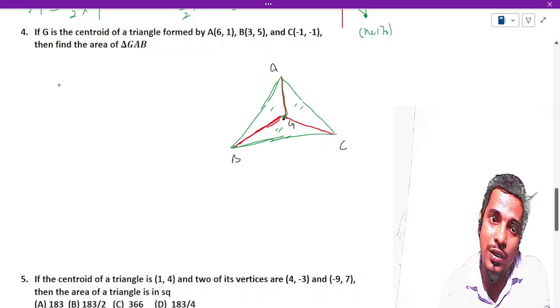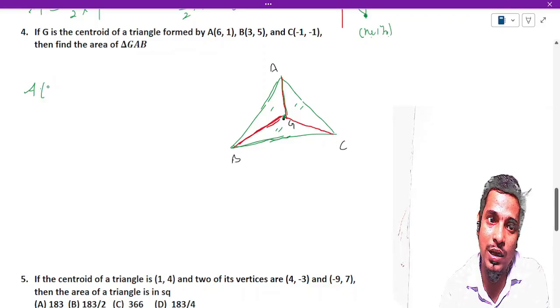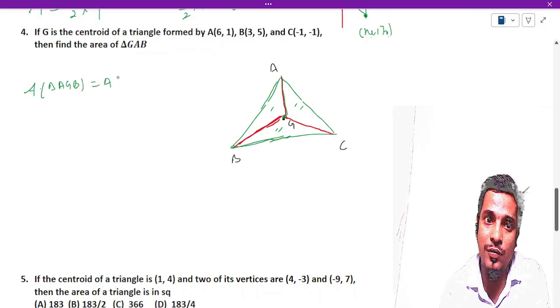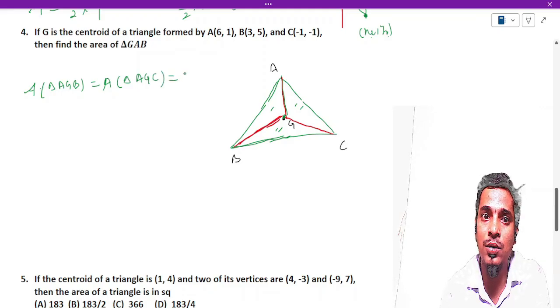And also here we can mention that I'm writing A for area: area of triangle AGB equals area of triangle AGC equals area of triangle BGC.